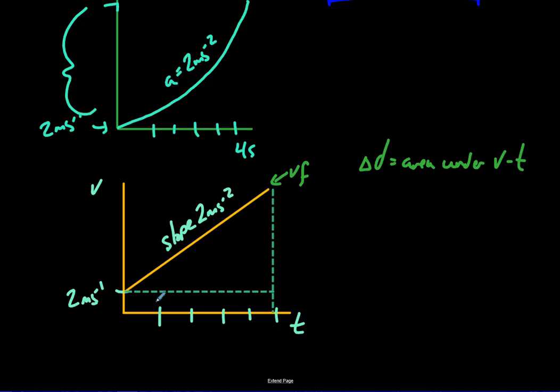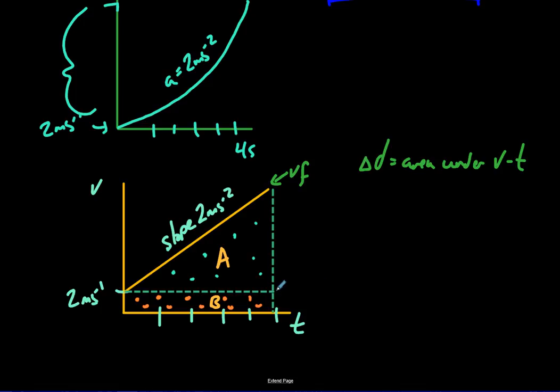You could find first the area of this little rectangle, let's fill it with orange dots, and you could add that to the area bounded by this triangle, blue dots here. We'll call this area A. We'll call this area B. So if we can find the area here, we should be able to find our displacement change.